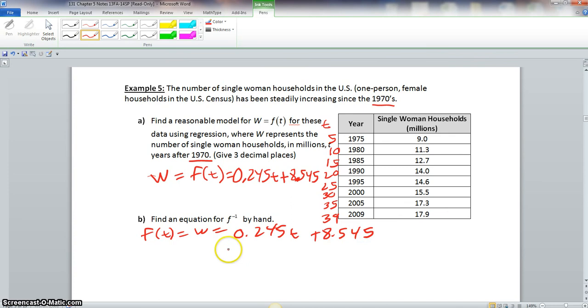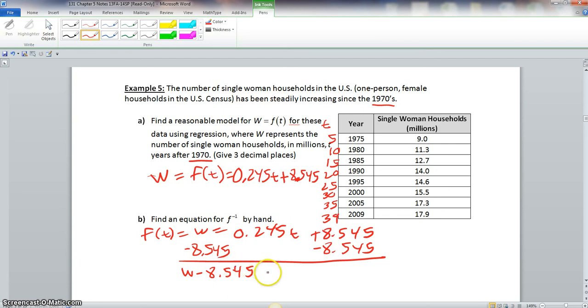Now we need to solve for T. So we're going to subtract 8.545 on both sides. Now remember, we just wrote the F of T here to signify that this is the function of T, but we're really only dealing with W and T here. So we have W minus 8.545 is equal to 0.245 T.